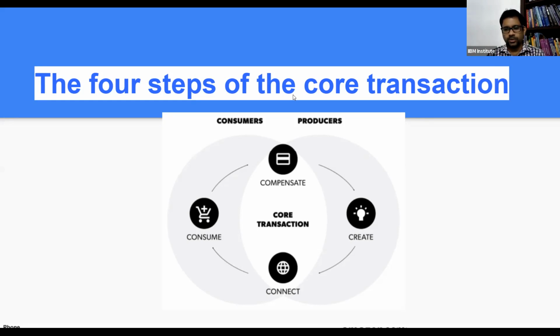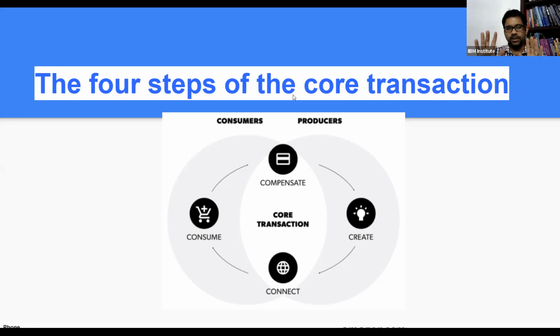So the producer, creator or seller, you can call as per your convenience, will give a list of his offerings. It may be a service or a product, whatever it is. He gives that list to the platform.